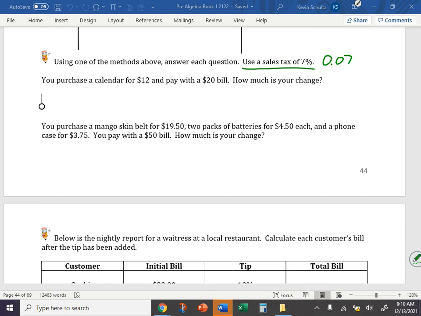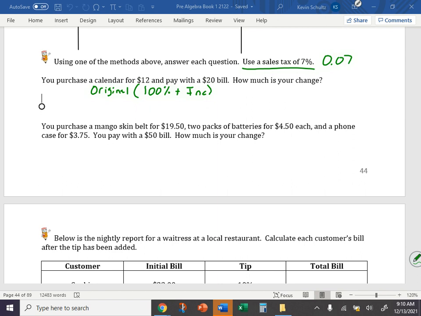So let's use our formula. We have original times 100% plus the increase. Carter, what's the original amount? It says you purchase a calendar for $12 and pay with a $20 bill.